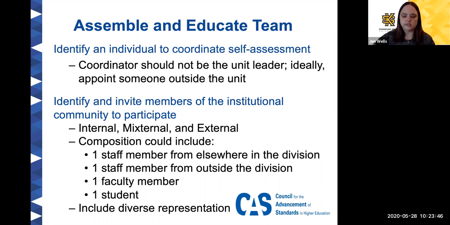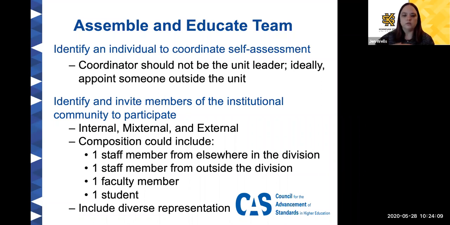So we generally say that there's about 3 approaches, but you can also mix these and come up with somewhat like 6 different approaches. But the first is internal. And that means you're really doing a true self-study where maybe you're just using your unit or just using your division, and you're really going through and doing a true self-study.